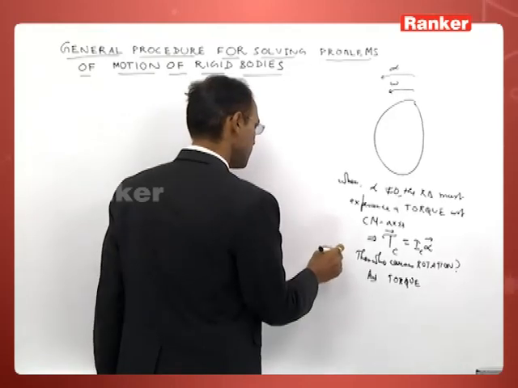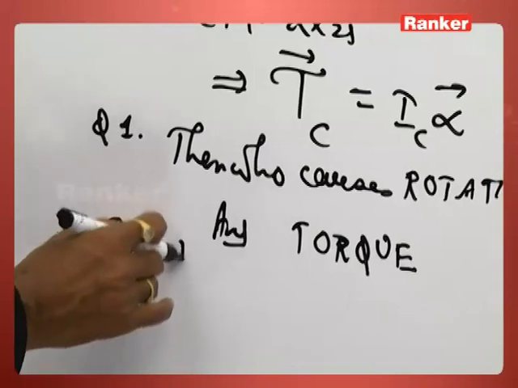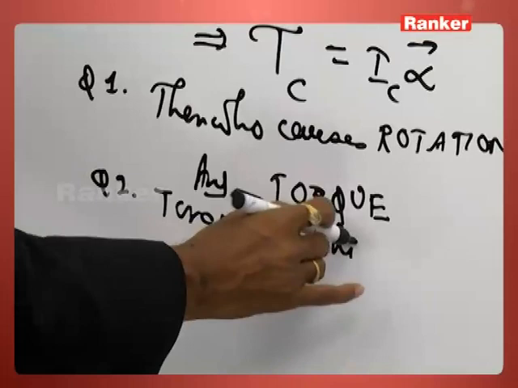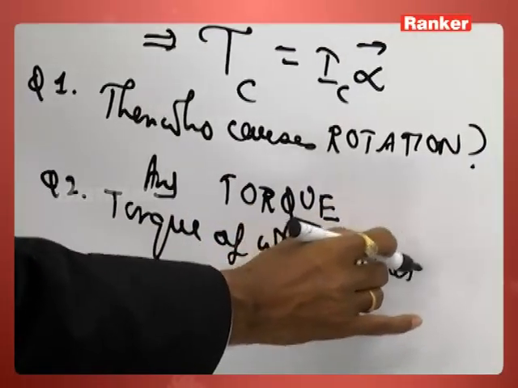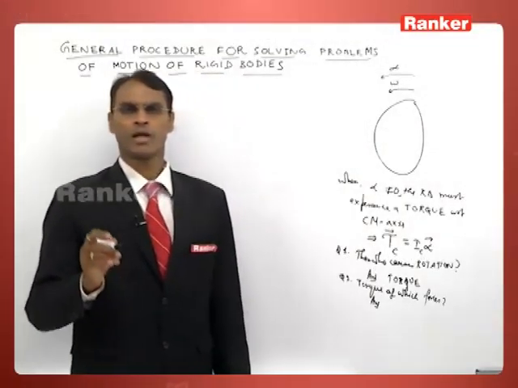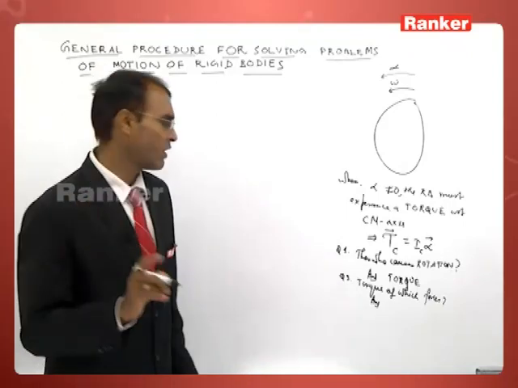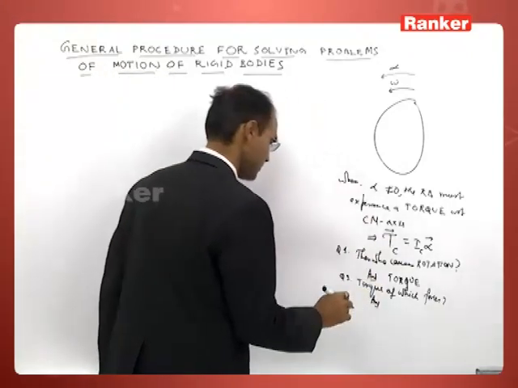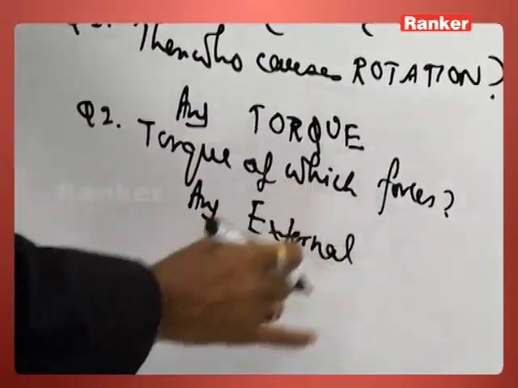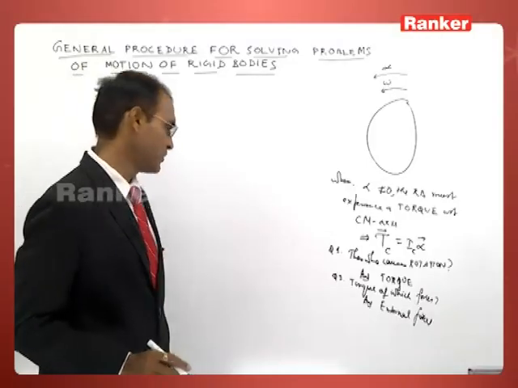Then the question can be put: torque of which forces? The answer is external forces, because the internal force as a whole cannot produce a torque about any point. Therefore, the torque of external forces should be taken into account.